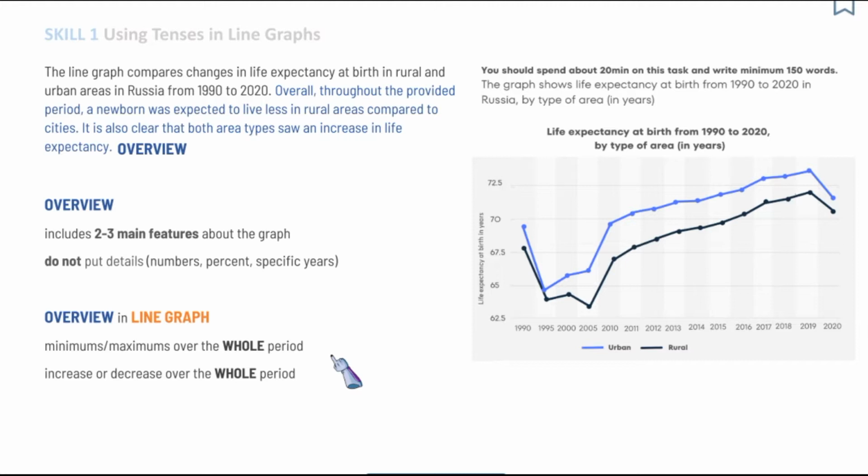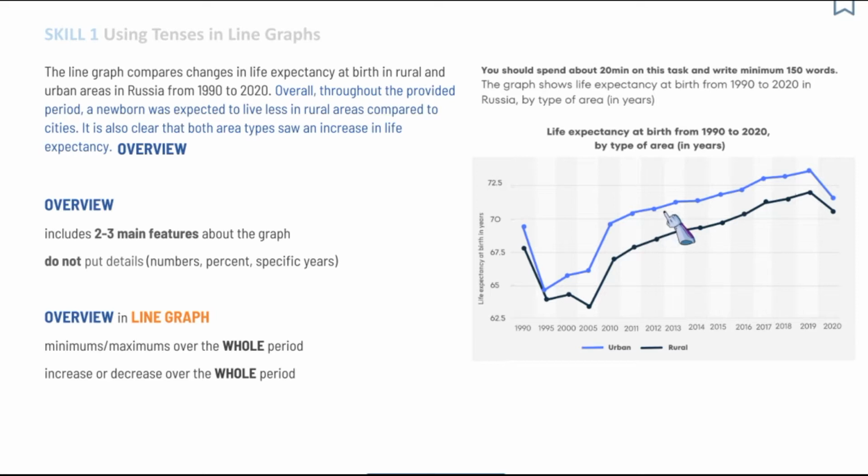What does it mean, minimums and maximums? For example, in this graph over here, we're dealing with life expectancy in two types of area: urban areas, the blue line, and rural areas, the black line. And we can see that over the whole period, the blue line, or life expectancy in urban areas, was higher than life expectancy in rural areas.